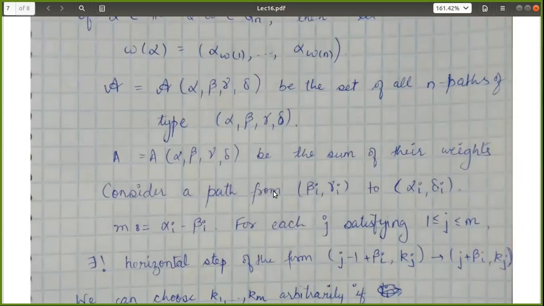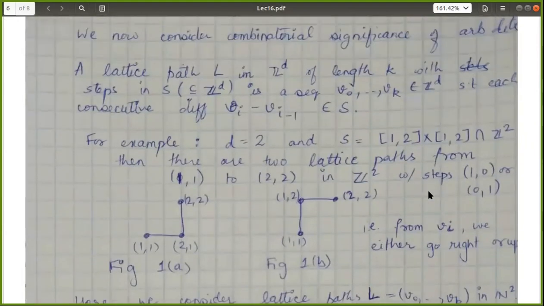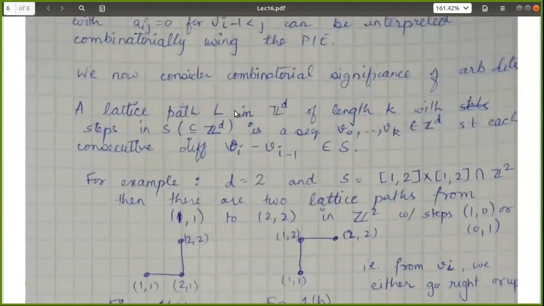So this is a lattice; you are considering the ith lattice, correct? I think we also said a lattice path, so it is used interchangeably. When you just say a lattice path, it's a single lattice, and when you say n-path, it's a collection of n many lattices.